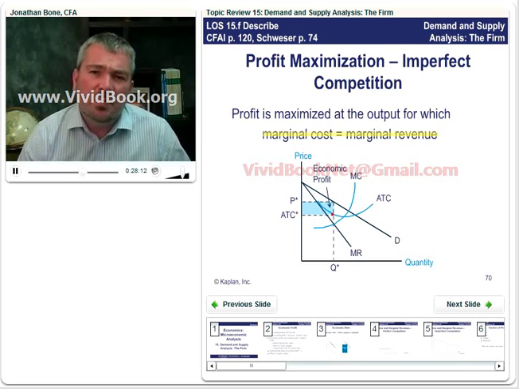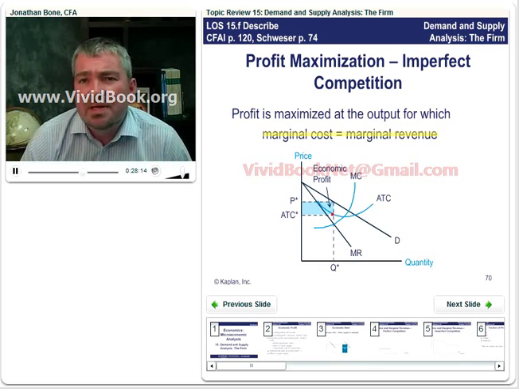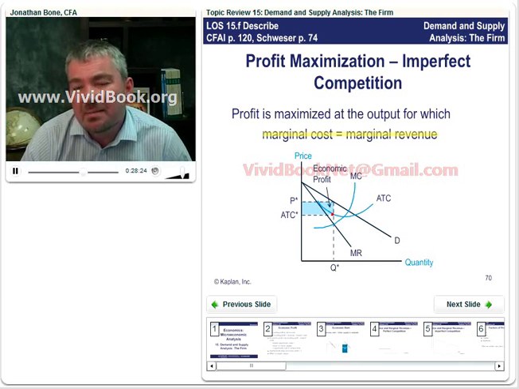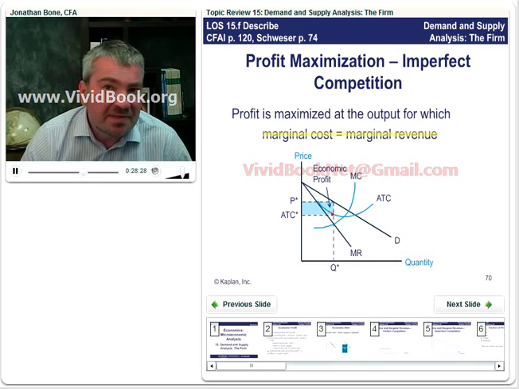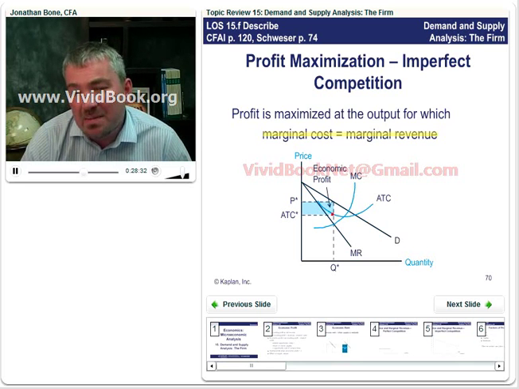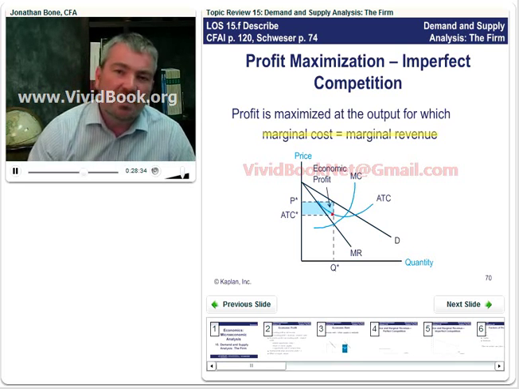One other thing to point out before we move on from this slide is note that in perfect competition, when economic profit was zero, we were producing at a point where average total cost was minimized at the bottom of the average total cost curve. Notice when we have economic profits in the diagram, we are not producing at a quantity that minimizes average total cost per unit.